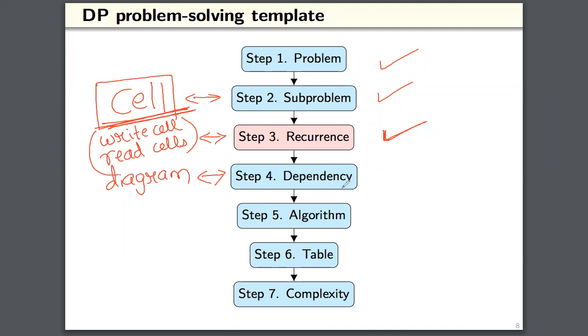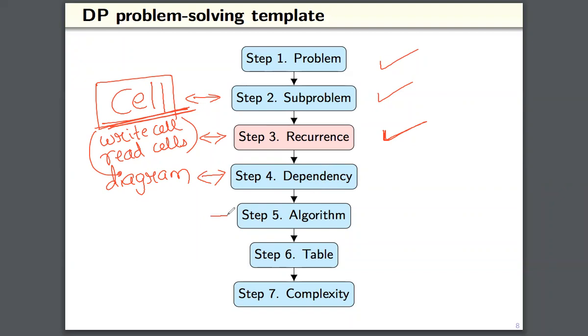Instead of writing dependency diagram, I have just written dependency. That means show a diagram, because using the diagram helps you a lot in thinking about the recurrence. Having a visualization of the recurrence will help you in thinking about how to execute the algorithm. It will give you more ideas about the algorithm steps and so on. So draw the diagram.